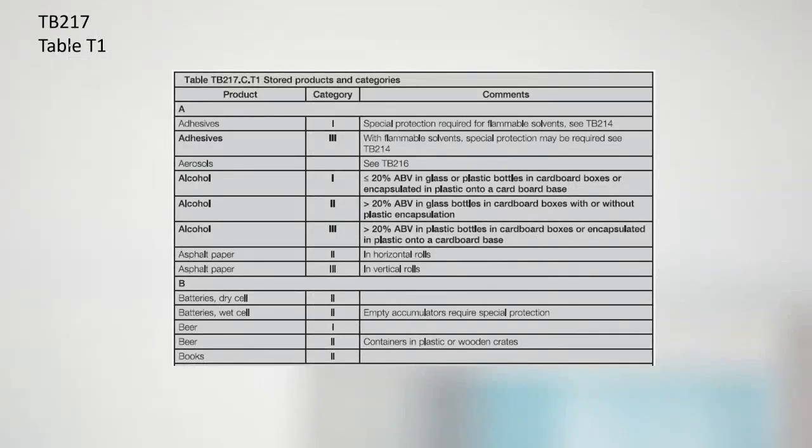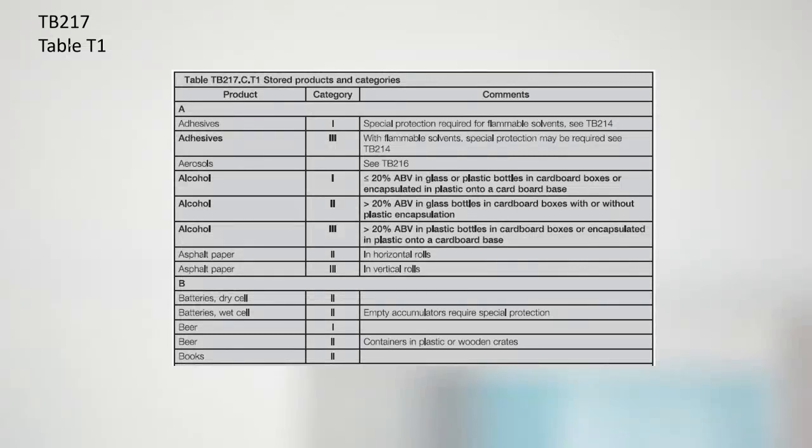So, again, there's some more of TB217 in a little bit more detail. Alcohol is always a big one, especially in Scotland, where you've got, for instance, alcohol with a percentage of less than 20 in glass or plastic bottles and cardboard boxes, category 1.